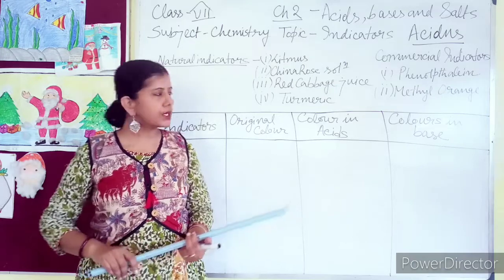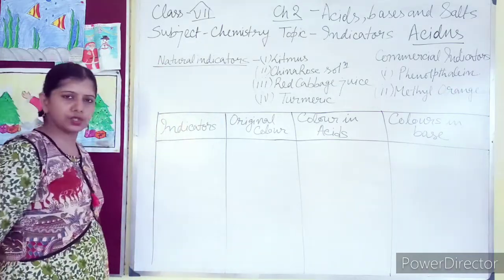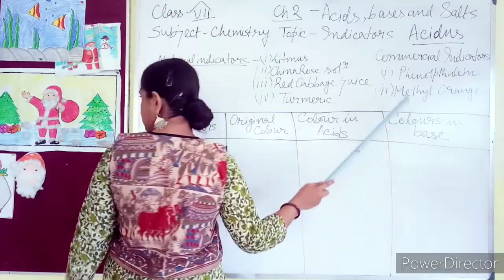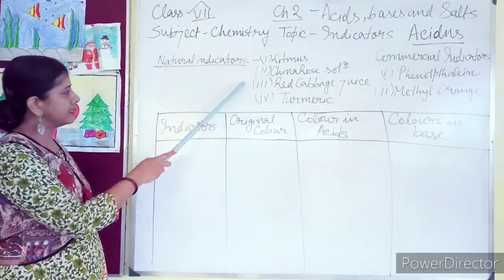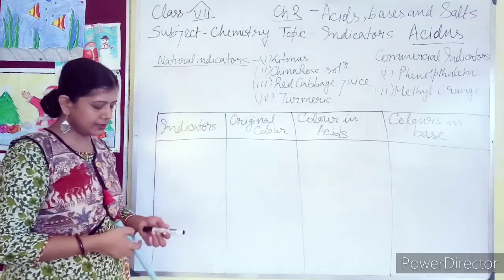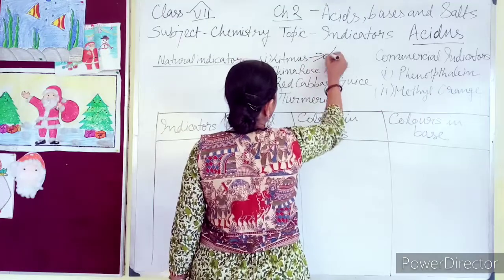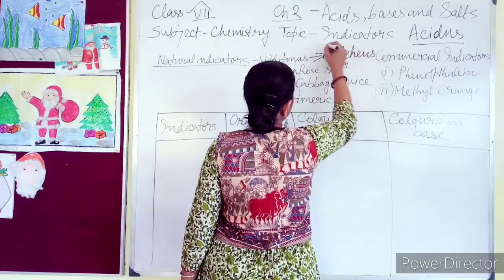Now there are two types of indicators: natural indicators which are obtained naturally and commercial indicators which are obtained commercially. Some natural indicators I have written. Litmus is the natural indicator which is obtained from lichens, a special kind of lichens.